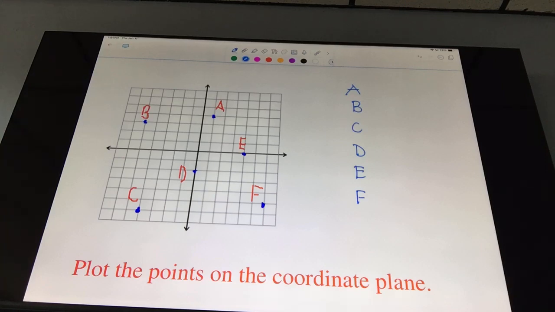Remember that the order that you write them is important. The x comes first, the y comes second. The x is the way the point moves from left to right. The y is the way the point moves up and down from the origin.